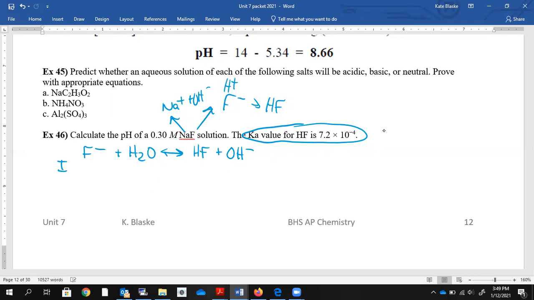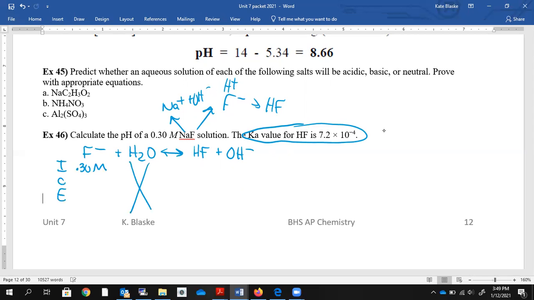I know I have an ICE chart. I know my concentration of my NaF solution is 0.3 molar, and it makes 1 fluoride ion for every 1 mole of sodium fluoride.